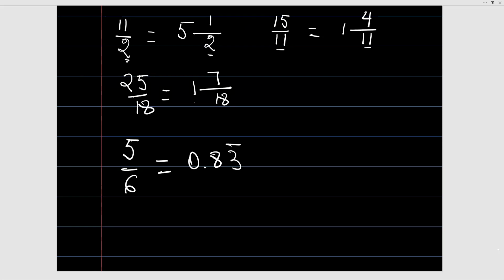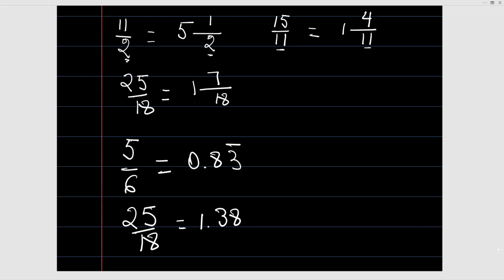But when you have an improper fraction, let's talk about 25 over 18, when you divide it up, you will get a number that is greater than 1, 1.38. You get it?